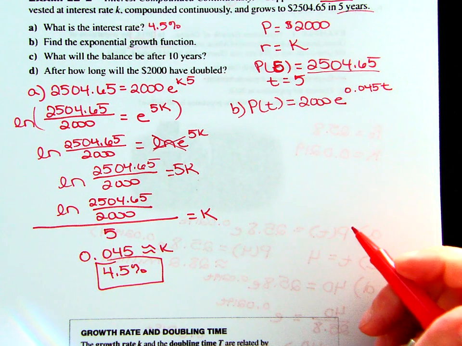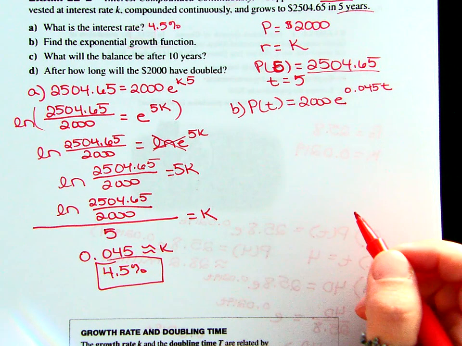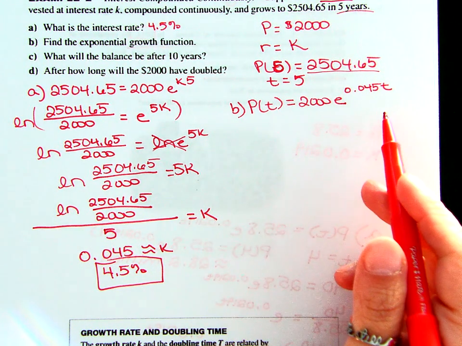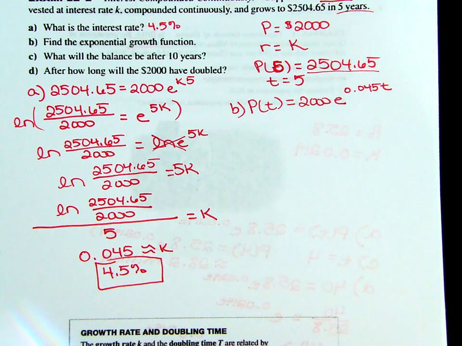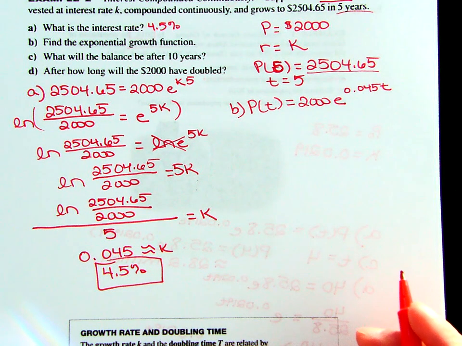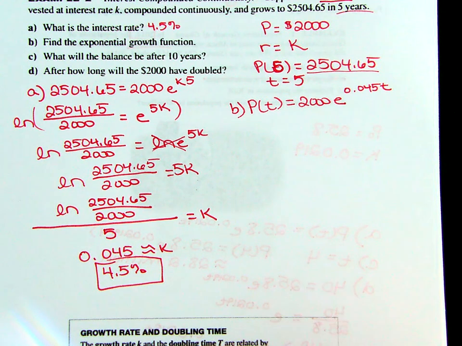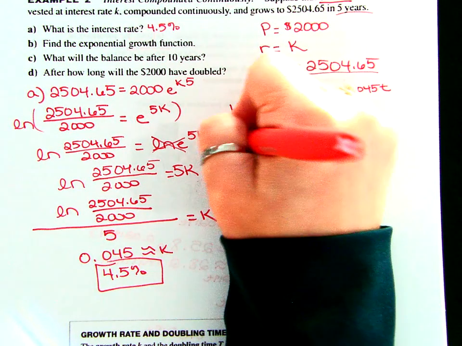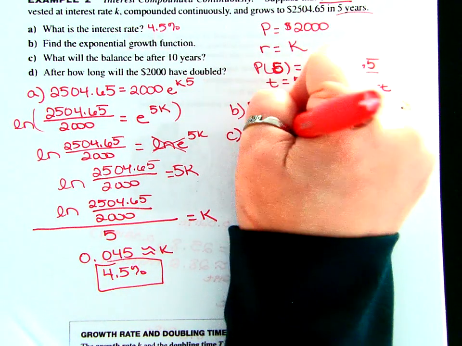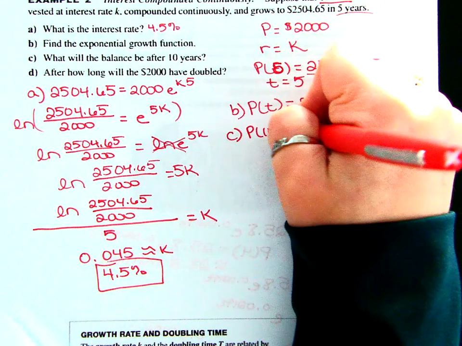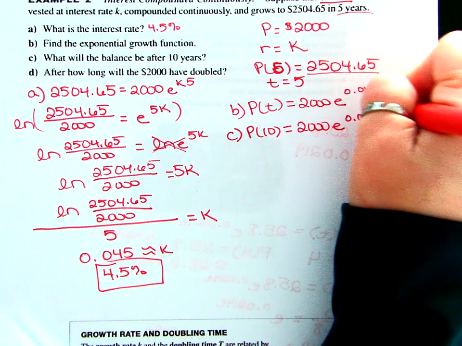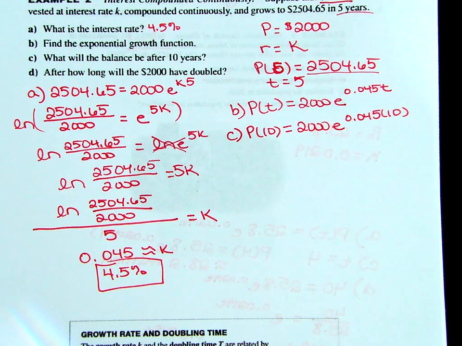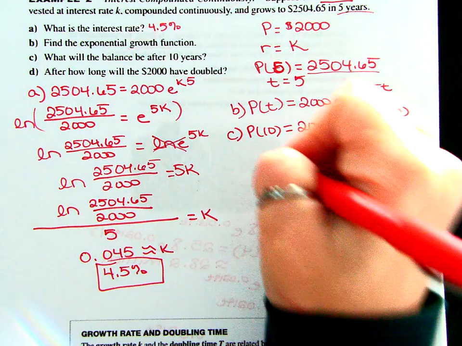Part C, we're going to use that function now that we just found, or we just wrote out, to find what will the balance be after 10 years. So now they're telling us that t is going to be 10. So P of t equals, or P of 10 equals 2,000 e to the 0.045 times 10. And I'll let one of you tell me how much that is to the nearest cent.